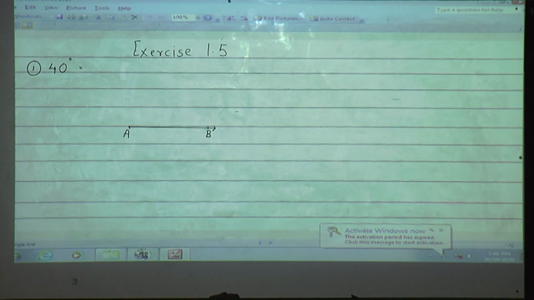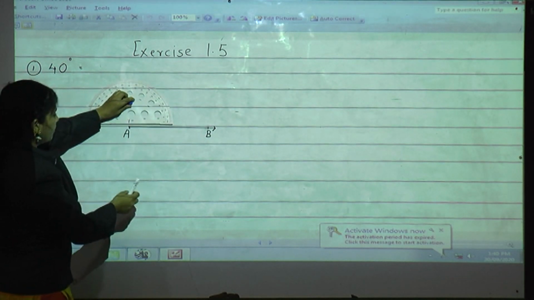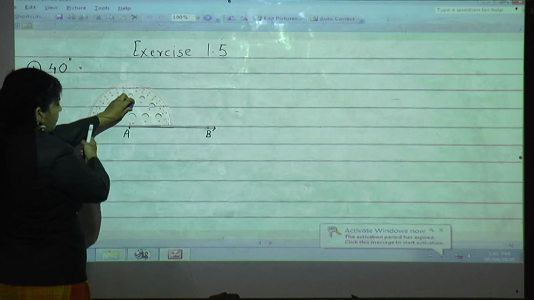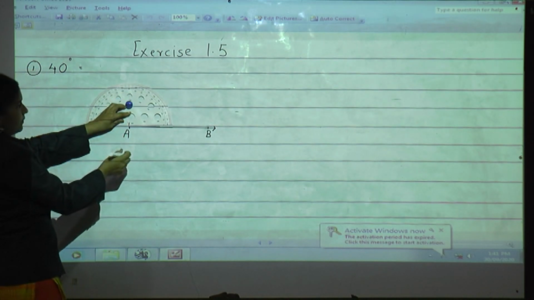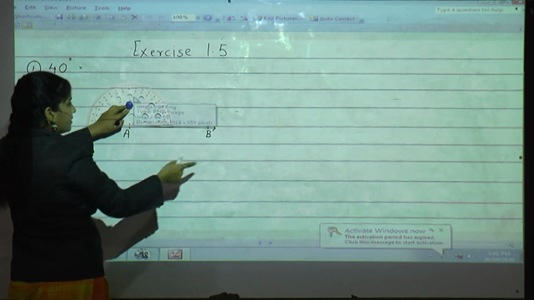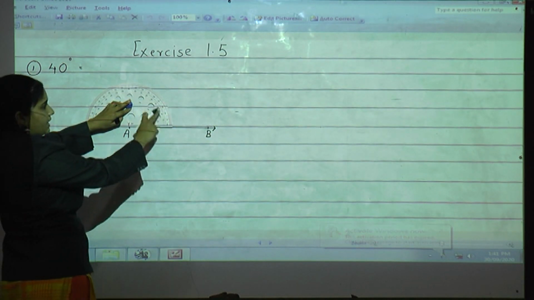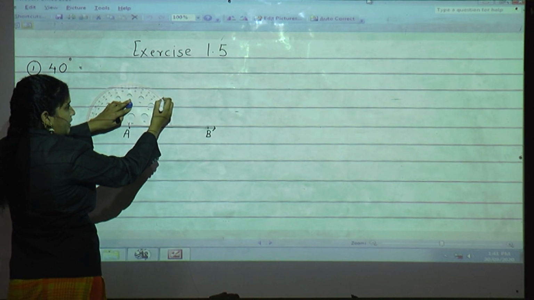Take your protractor, place the baseline of the protractor on ray AB. We have to draw a 40 degree angle. Here the arrow is on the right side, so that's why you have to take the inner scale. Make a point here at 40 degree.